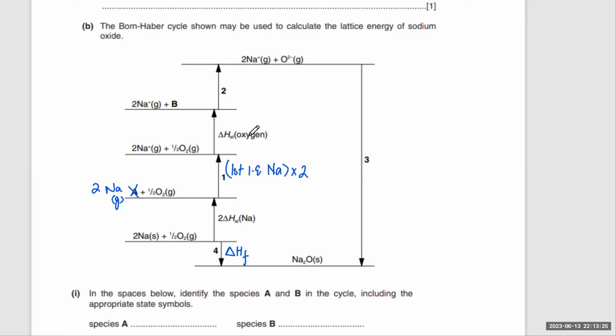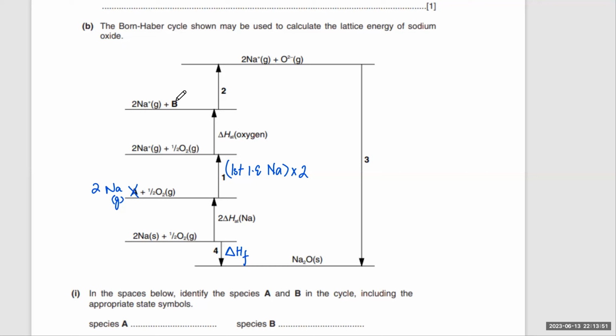So now oxygen is getting atomized, enthalpy change of atomization. So what is B? Is it O2 minus?